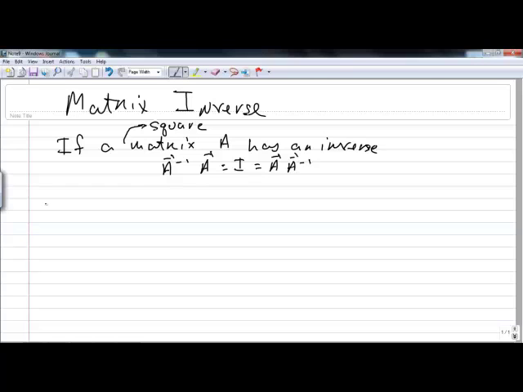Okay, so matrices with inverses are called invertible, or non-singular.